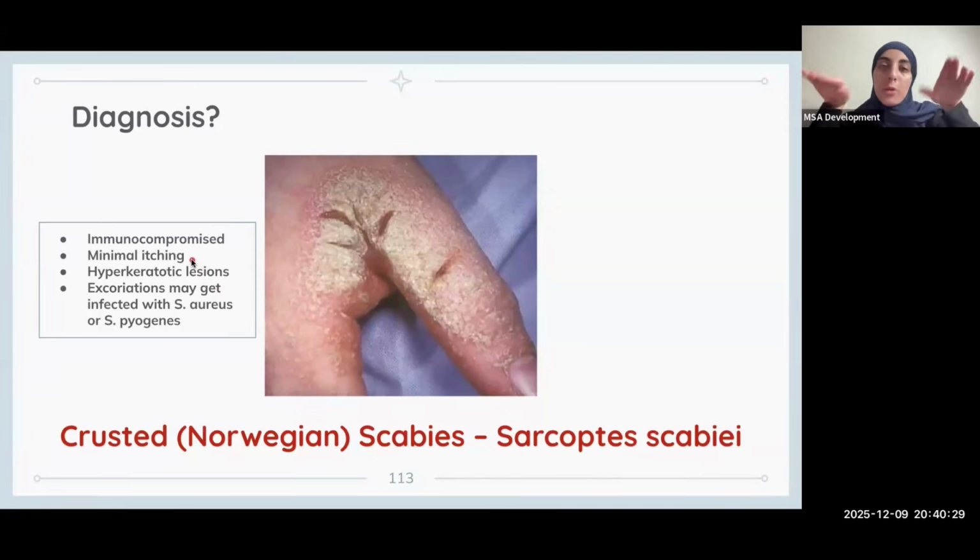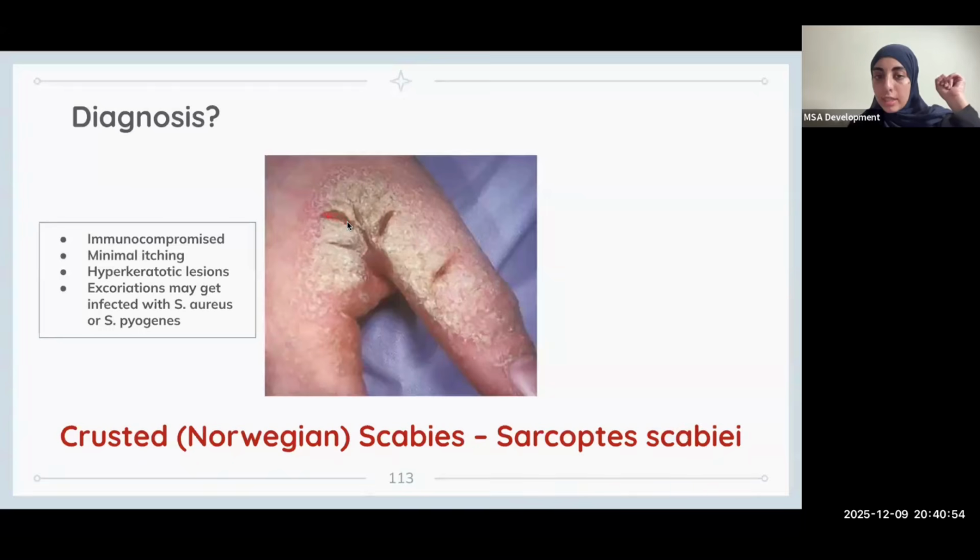Think about it. It's an immunocompromised patient. Their immune system is not that strong, so the inflammatory response that causes itching is not as robust as in the classic scabies. So in crusted scabies, which is hyperkeratotic and seen in immunocompromised patients, there's very little itching.